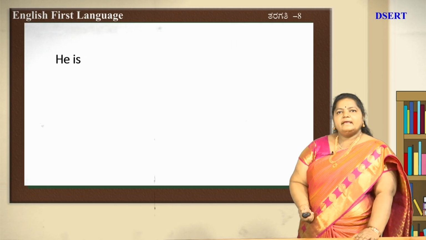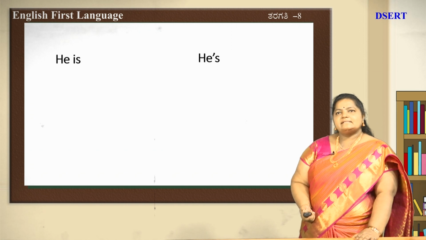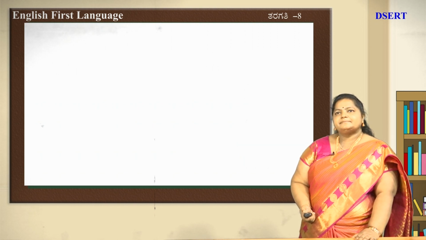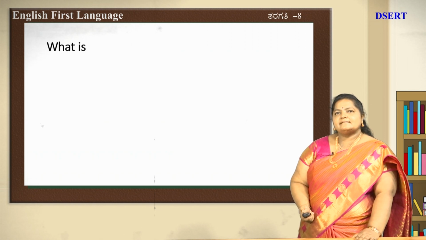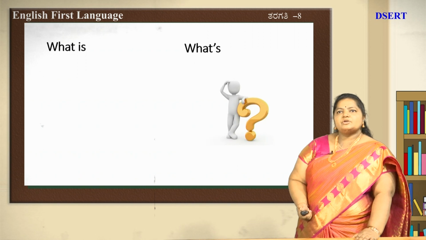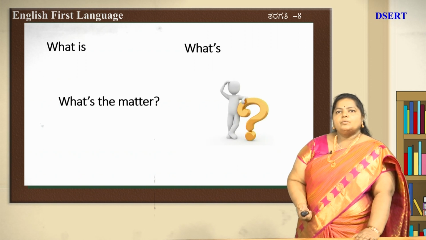The next one, he is. The contraction of he is is he's. Let us see a sentence. He's so smart, isn't he? The next one is, what is. How can we contract what is? What's. So let us see a sentence out of it. What's the matter?